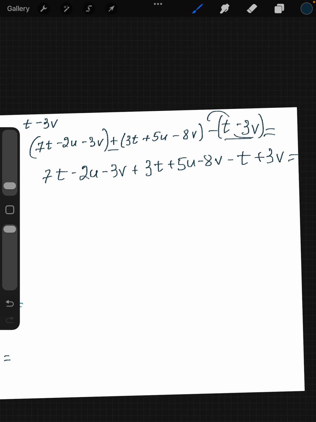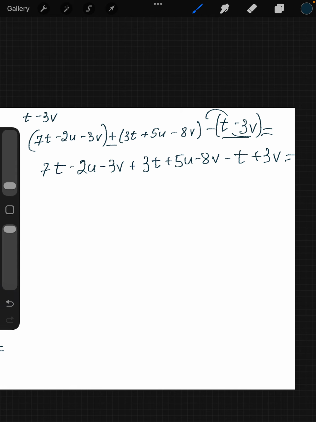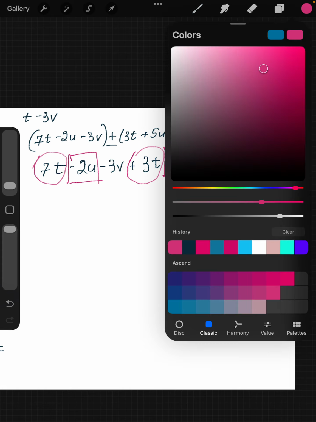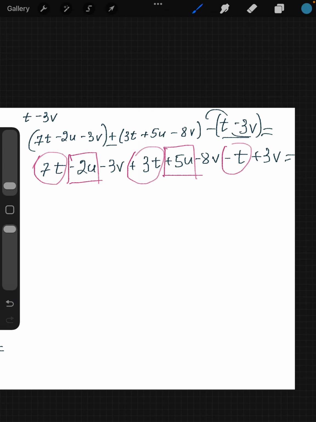All right, we can simplify this still quite a lot. So we're going to identify our like terms. So we've got 7t, 3t, and negative t. Then we've got negative 2u, 5u, and I think that's it. And then I guess we need one more color. Let's do the blue. Negative 3v, negative 8v, and positive 3v. Is that a v? Yeah, that is a v. All right.